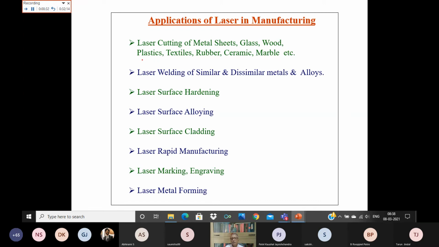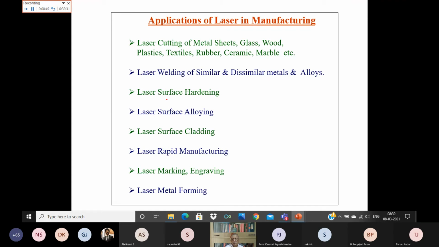So all these hard materials you can cut, because laser cutting is basically a thermal process, it doesn't depend on the material hardness. You can do the welding of similar materials as well as dissimilar metals and alloys.